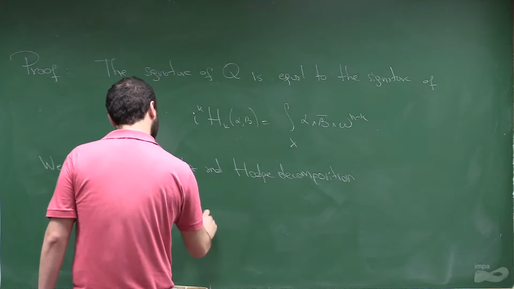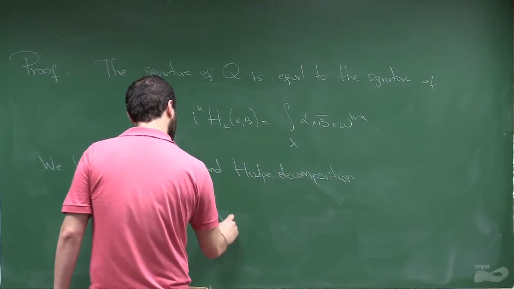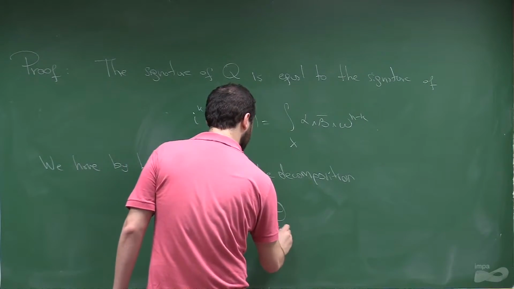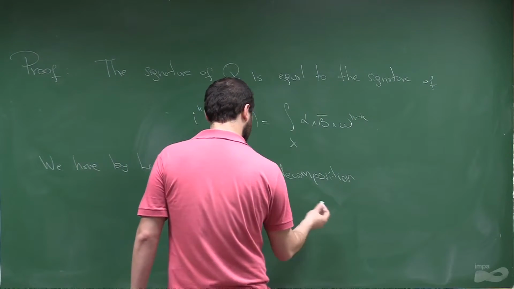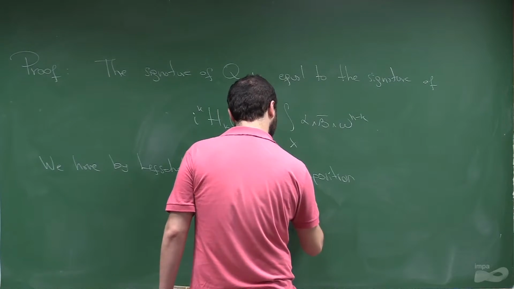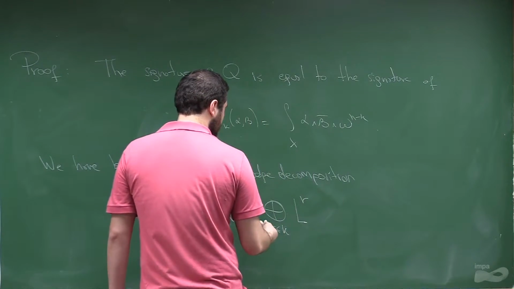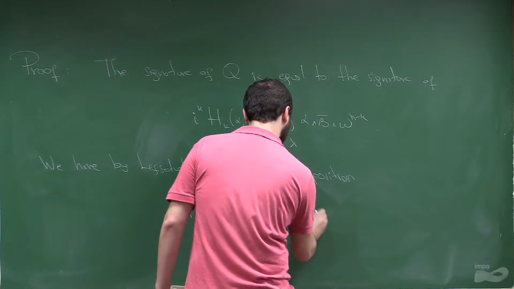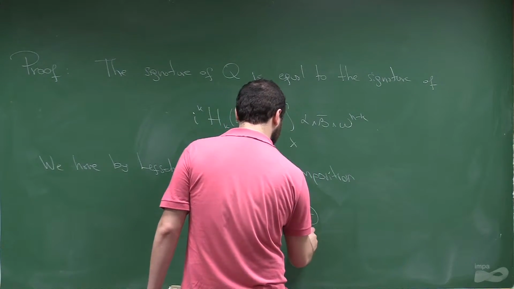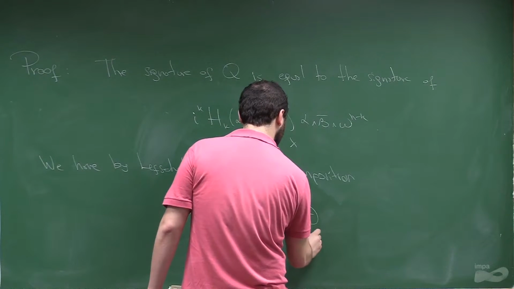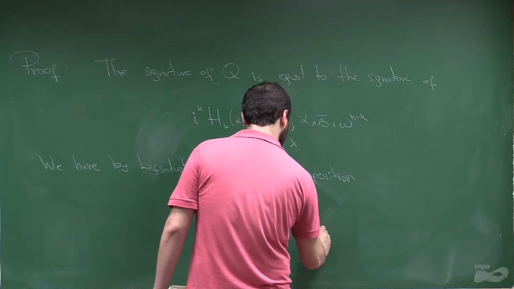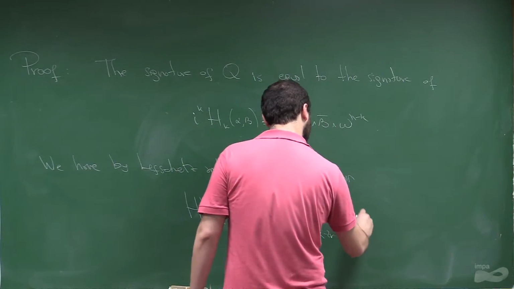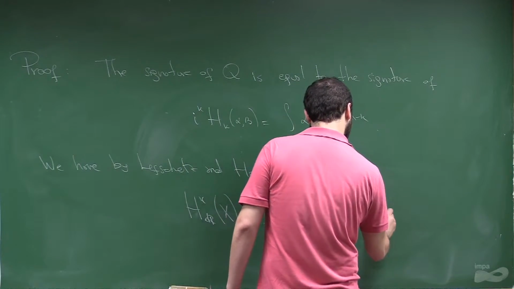That the kth de Rham cohomology group is equal to the sum for 2r less or equal than k of the Lefschetz operator L^r applied to, well, here I have another sum, so it will be, let's say, the sum over a plus b equal to k minus 2r of L^r of H^{a,b}(X) prime.